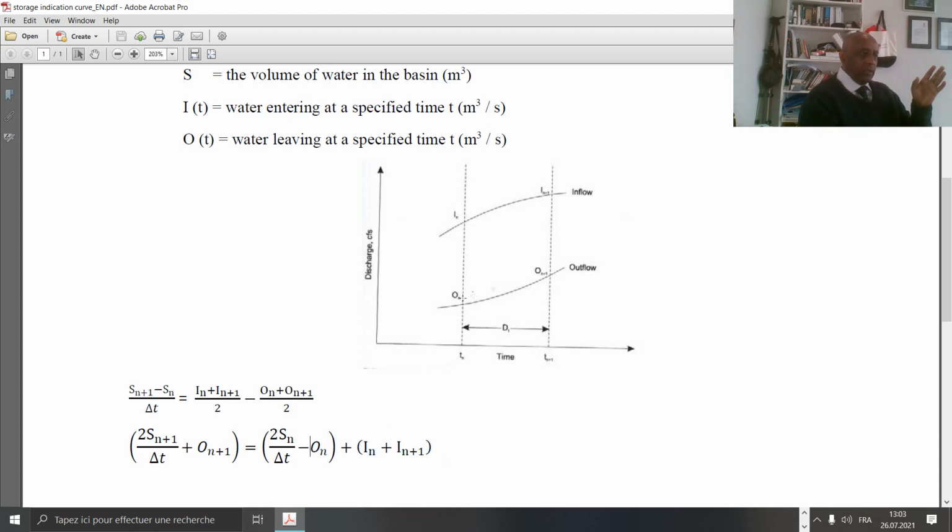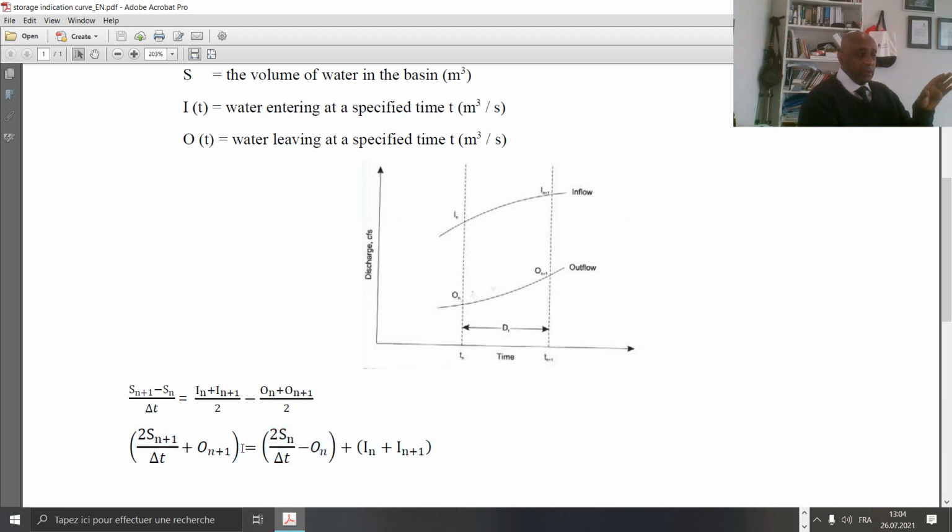And the first outflow is a known outflow because it's 0. The first outflow is 0, and the first storage, S n, is also 0. So the part of the equation at the right side is known, it's a number. We can sum them and we can get a value for this. This is the unknown part of the equation.